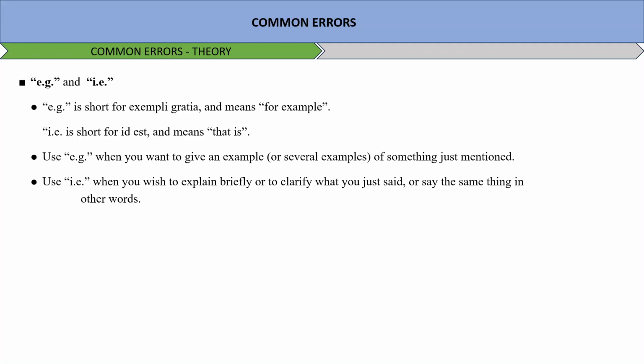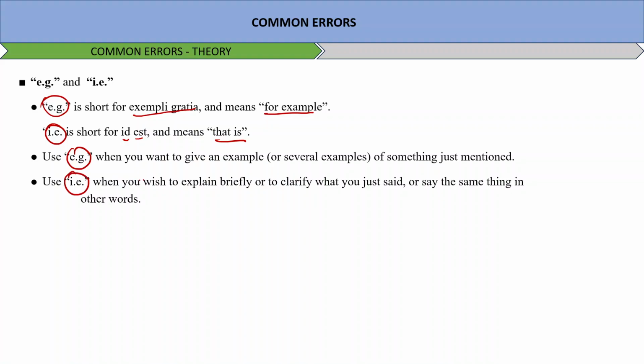E.g. and i.e. E.g. is short for exempli gratia, which means for example, whereas i.e. is short for id est, which means that is. Use "for example" when you want to give an example or several examples of something just mentioned.